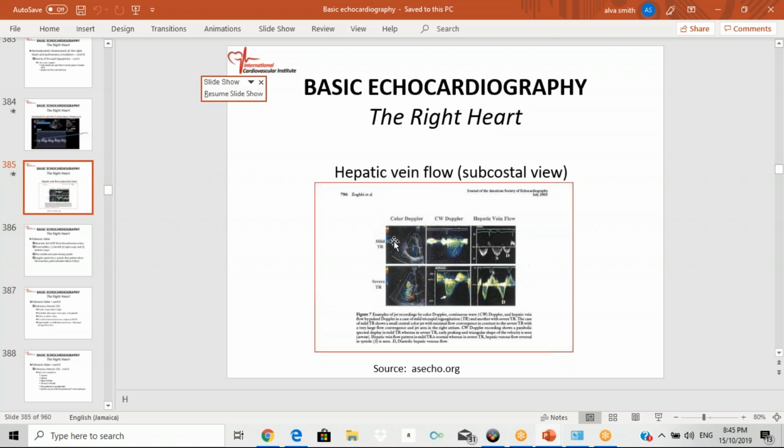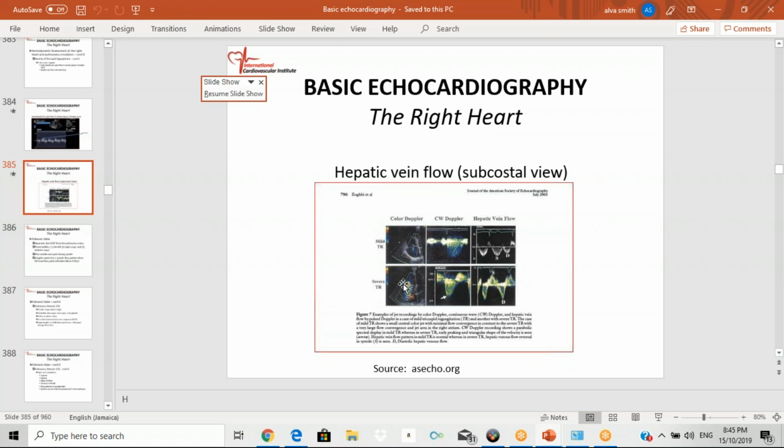If you look at the top panel, the color flow is very minimal. The CW Doppler is faint and it's rounded, okay? And then when you look at your hepatic vein flow, you get a systolic component which is greater than the diastolic component. So this is mild TR, as opposed to severe TR.